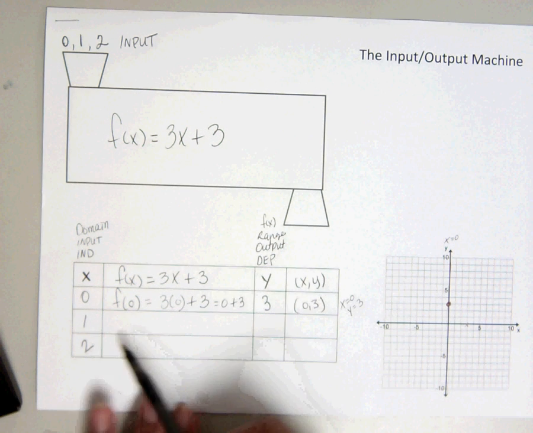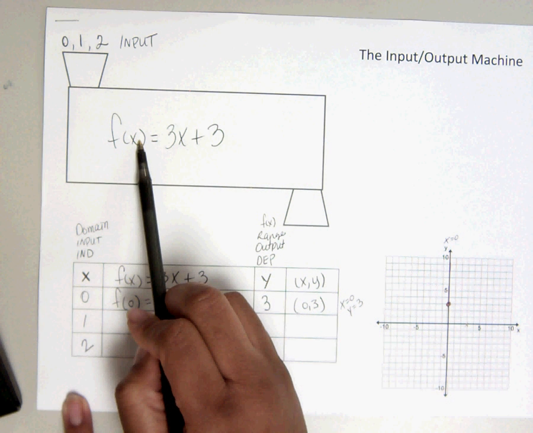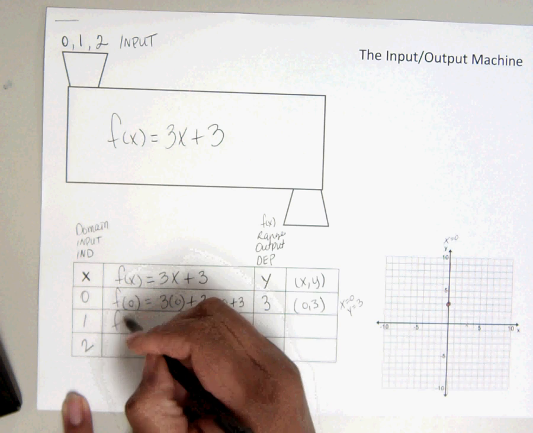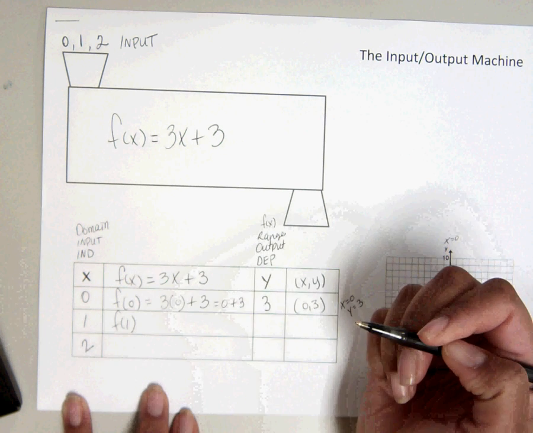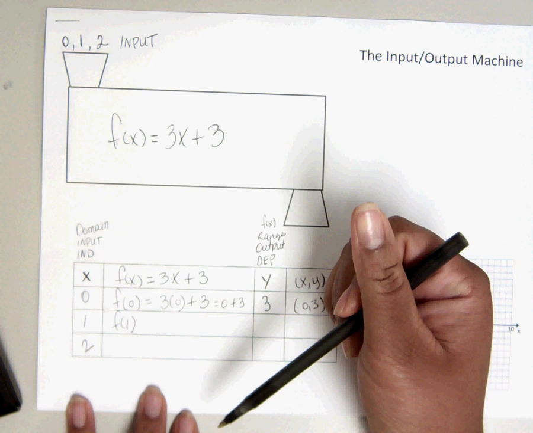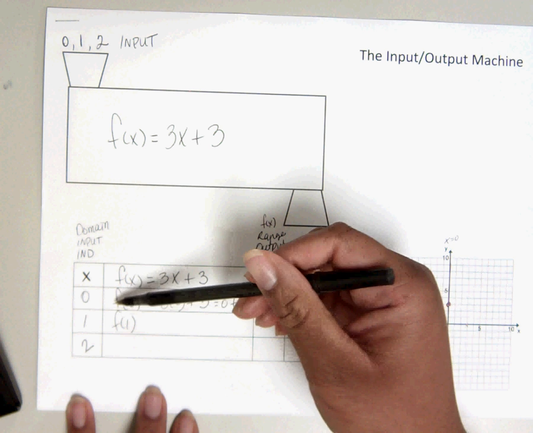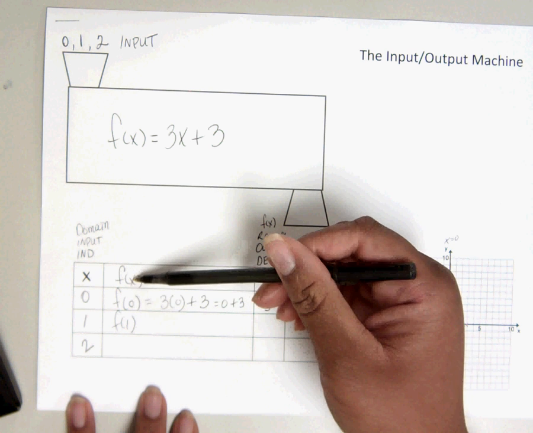Okay, let's do number 1 and put it into the function. So f of 1 is how you say it. Now what does this mean? Put 1 into the function. That's what it means. The way you say it is f of 1, f of 0, f of x.